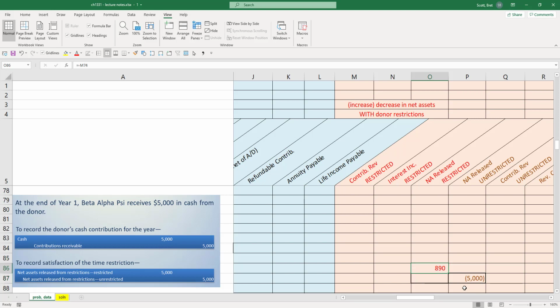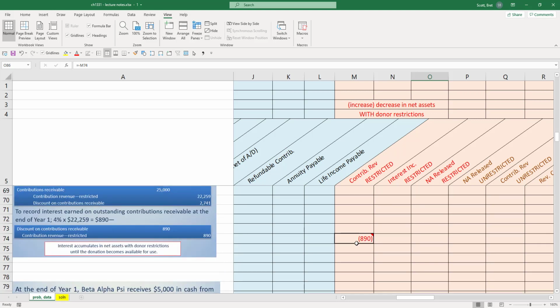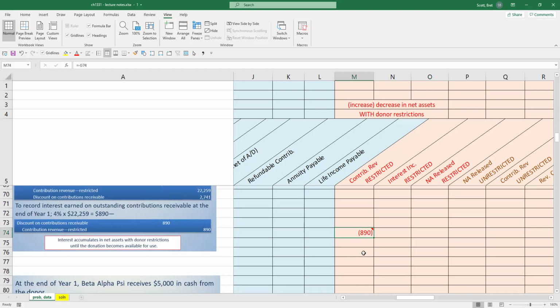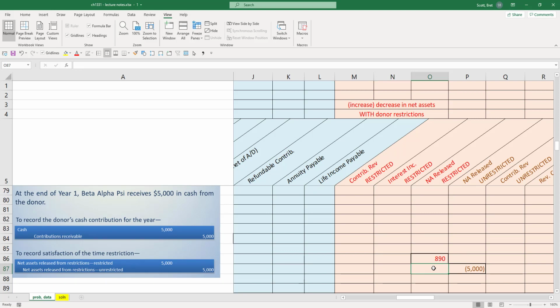So $890 represents the appreciable amount, $890. Therefore, the other portion that has been released must be the difference: $4,110. Now, in your book, they show you that net assets released from restrictions on the restricted side totals $5,000, which in this case it does.